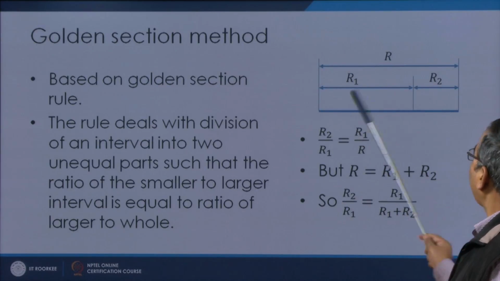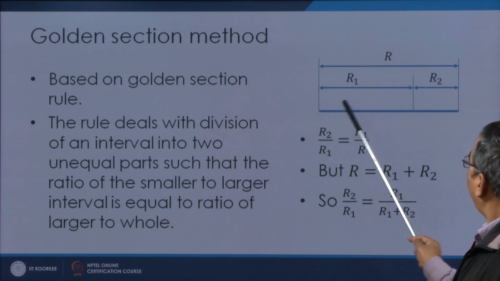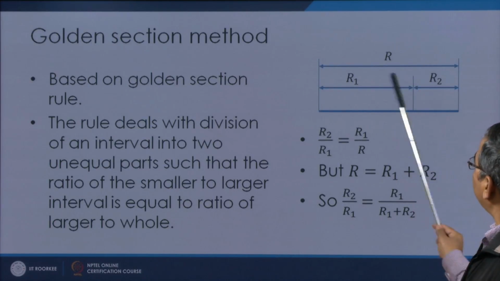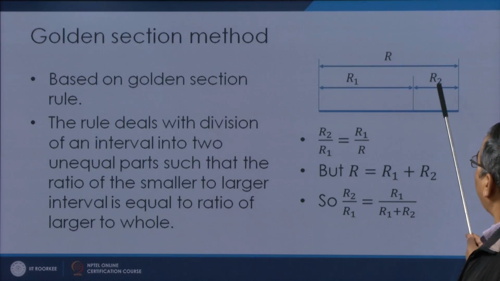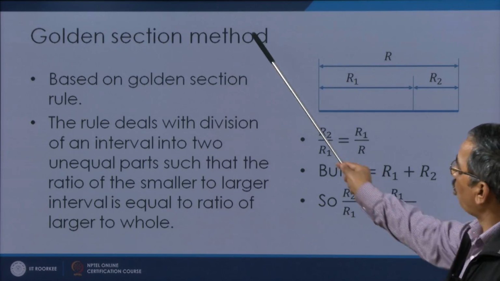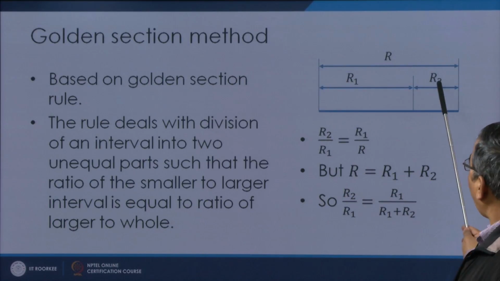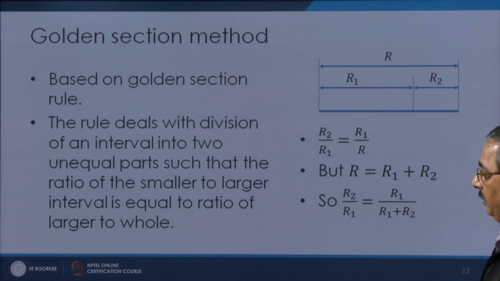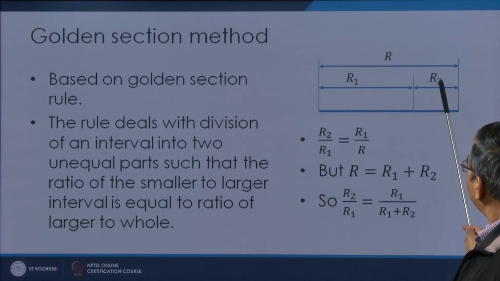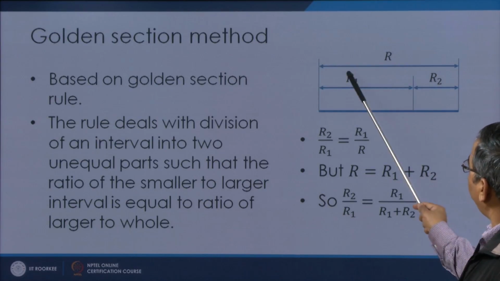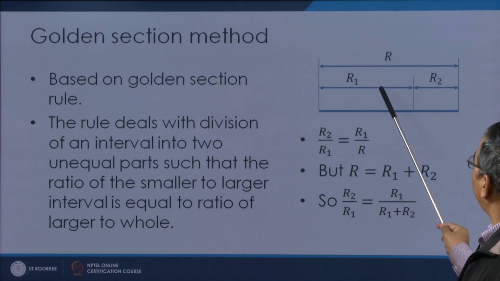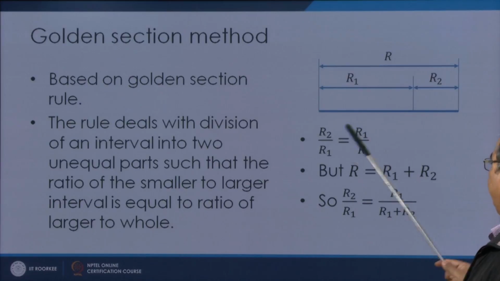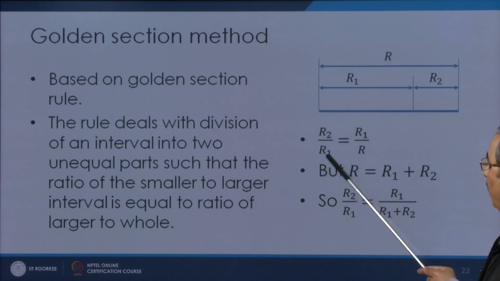If this is an interval divided into two parts, R1 and R2, then as per the golden section method, R2 by R1 will be equal to R1 by R. That is, the smaller segment length divided by the bigger segment length is equal to the bigger segment length divided by the whole length.